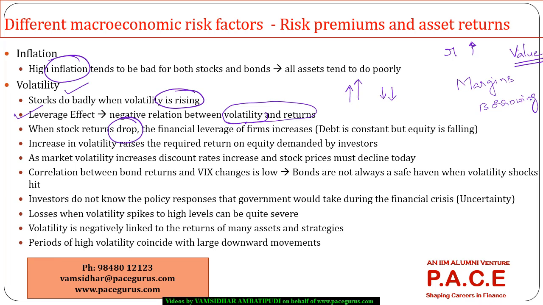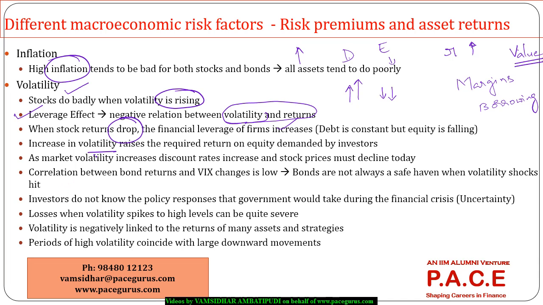So the overall financial leverage is increasing, because if you see simply the debt versus equity, stock prices are falling, the debt does not change, equity has fallen, so the debt to equity ratio is going up in that case. So automatically we see that the leverage is increasing. So that's what we are talking about, an opposite relationship between the financial leverage and the volatility of the firm. So when the returns are falling, the leverage is going to increase.